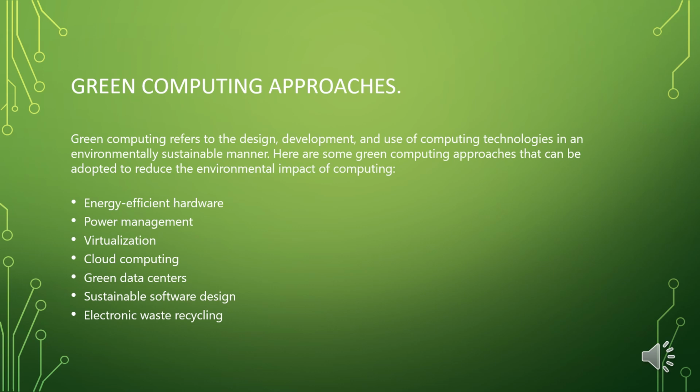Seventh one is electronic waste recycling. Recycling electronic waste can reduce the environmental impact of computing. Electronic waste can be recycled to recover valuable materials and reduce the amount of waste that ends up in landfills.